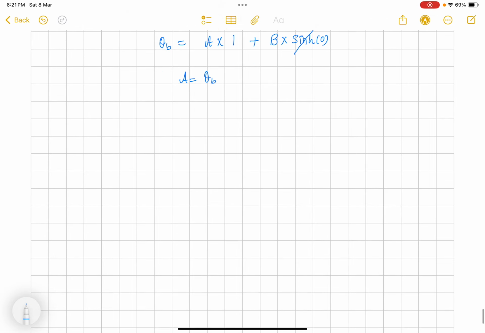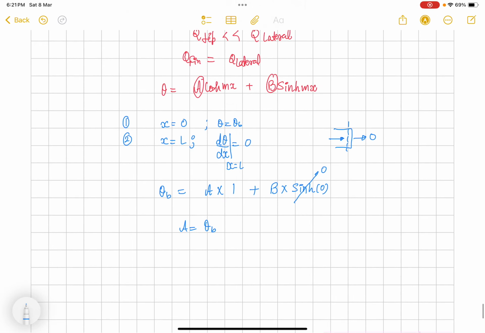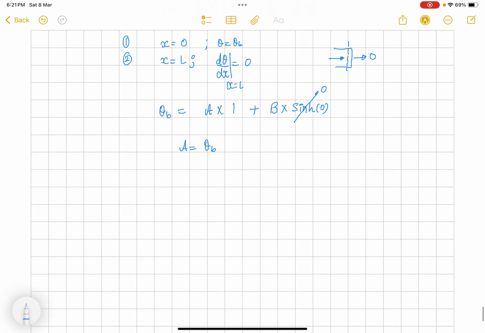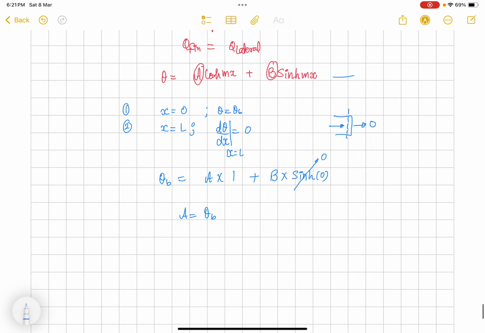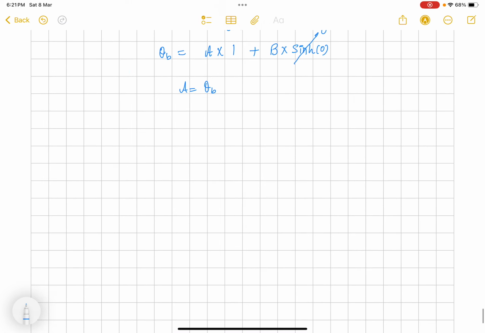The next, we have to differentiate this to find the d theta by dx value of this expression. So when we differentiate it, we will have m times (A sinh(mx) plus B cosh(mx)).